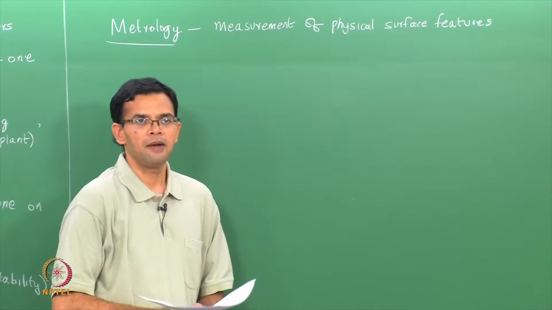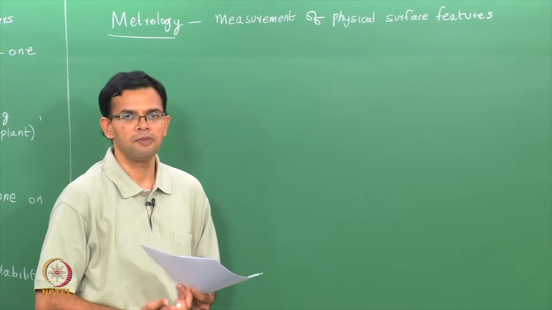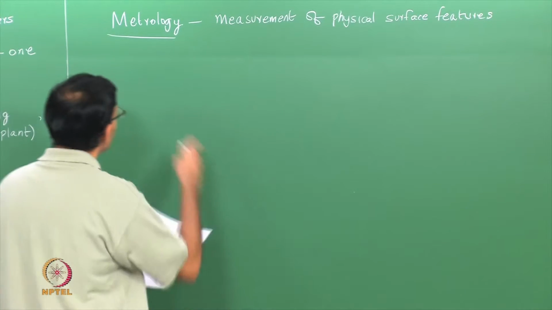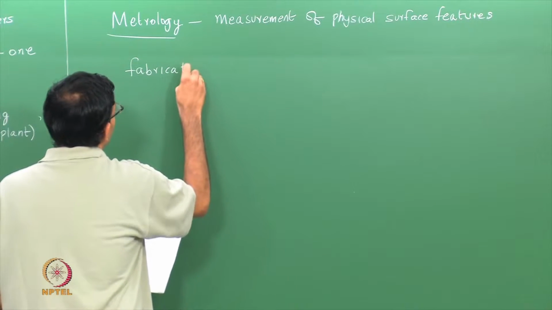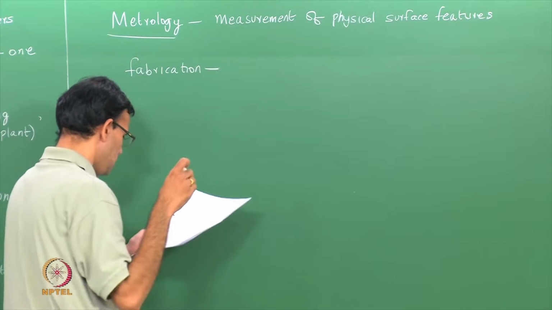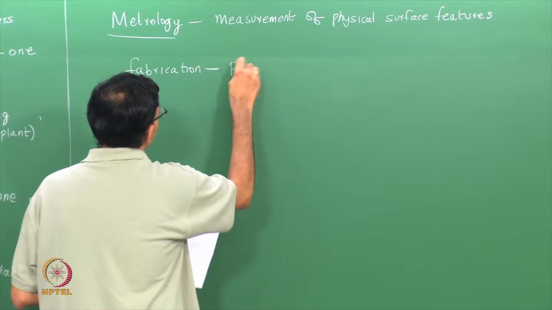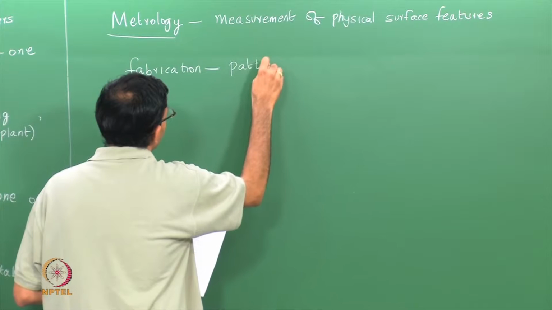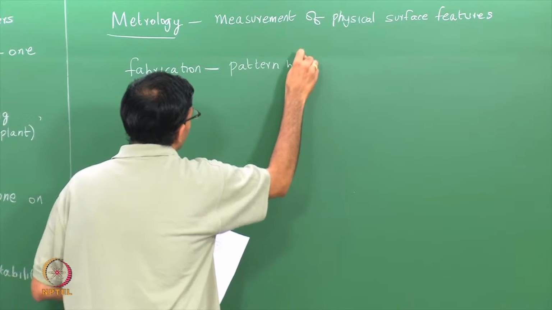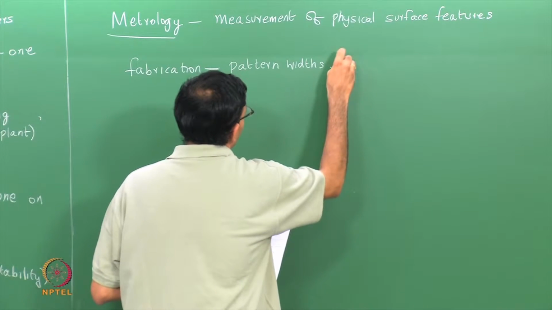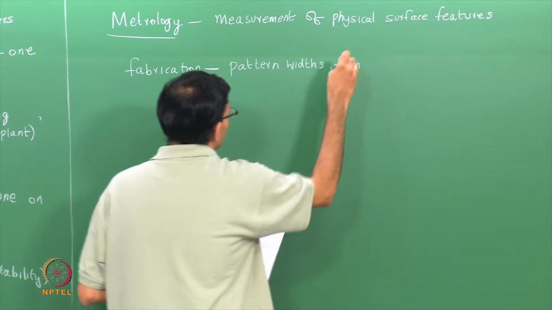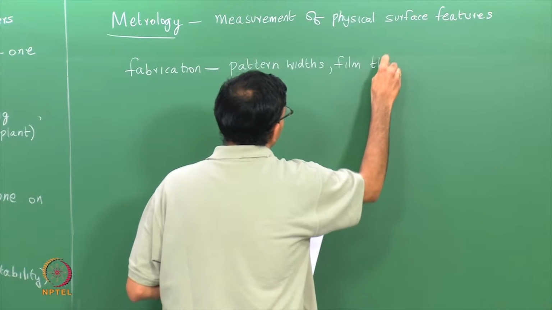So, if you look at fabrication, some of the important parameters that need to be measured, and again, if you look at physical surface features, it could be pattern widths, especially in lithography. The depth, so if you have films of different thicknesses, so the film depth or film thickness.